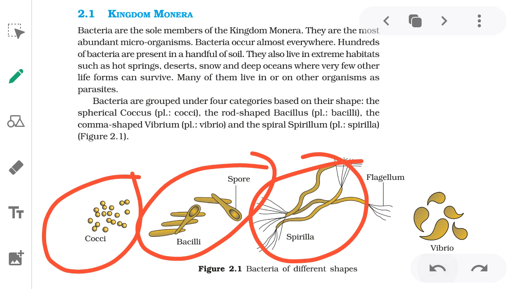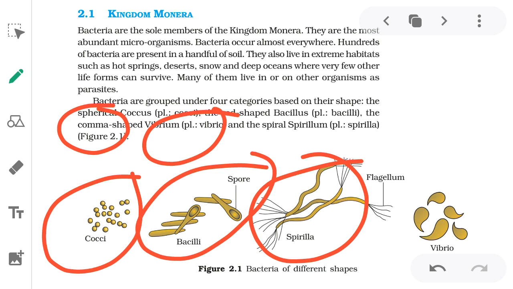These are 4. When we talk about cocci bacteria, the singular word is coccus, that is round shaped. If we talk about the bacillus, that will be rod shaped. Vibrio, the singular form vibrium, is comma shaped.